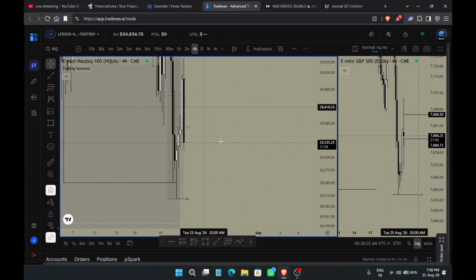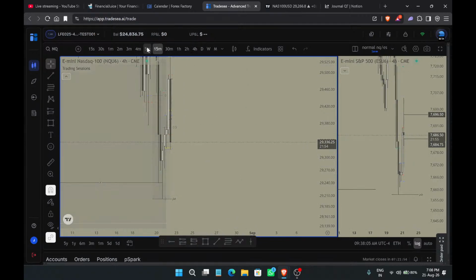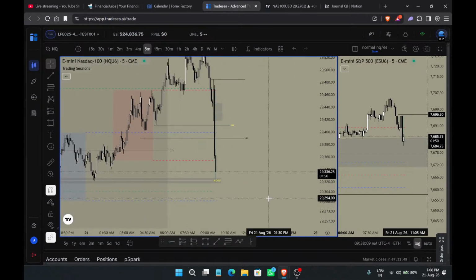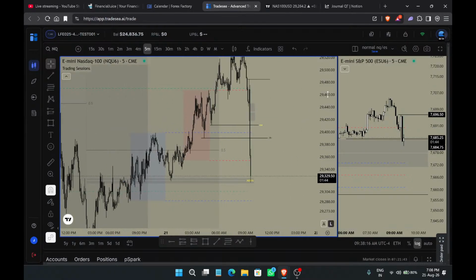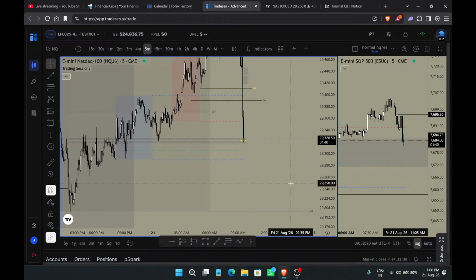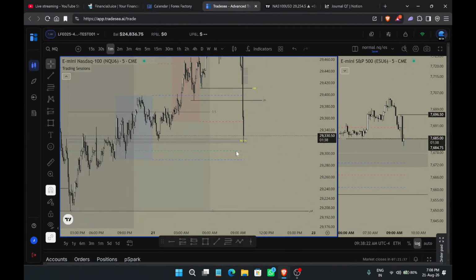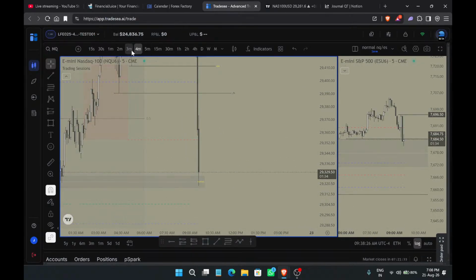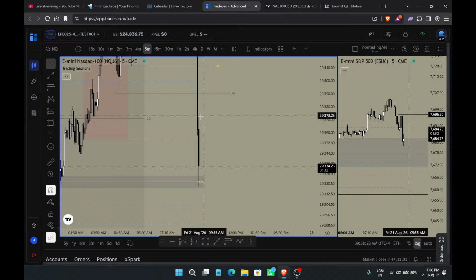I need to wait for that to be completely wrecked. I will look for some kind of quick reaction from this region, maybe into this 5 minutes.